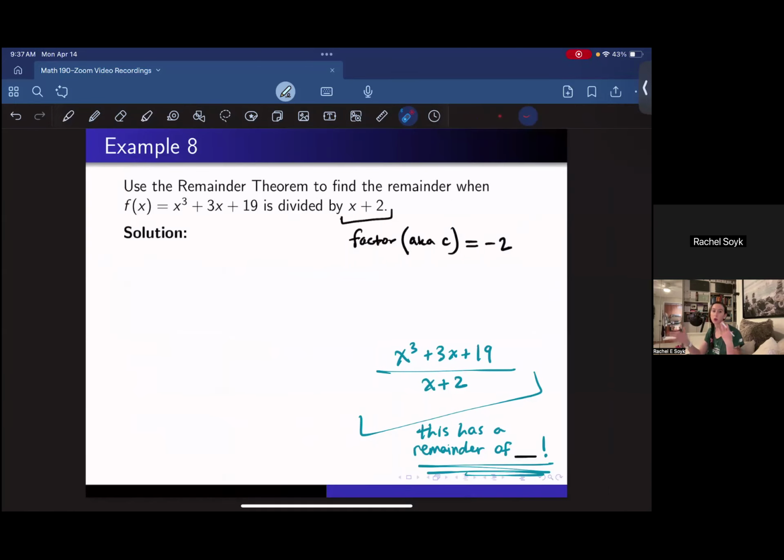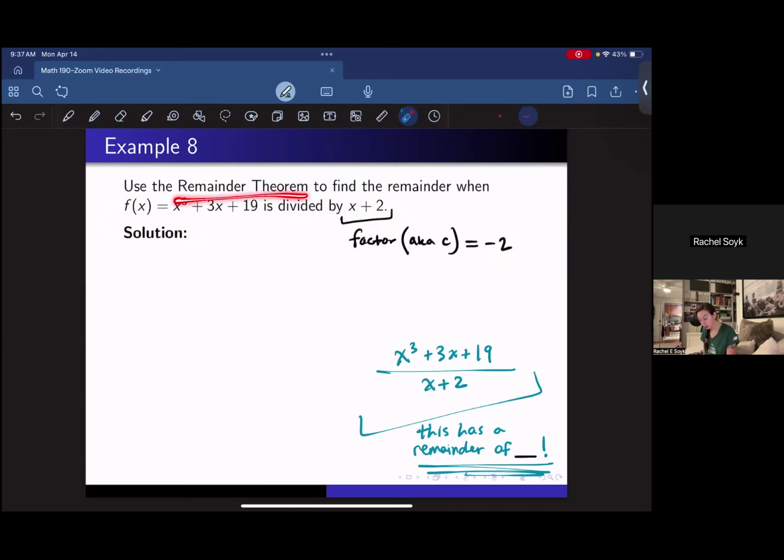So instead of using the whole long division and everything, we can clearly see that our c value here, when we're looking at this as our divisor, is -2. That ends up being a remainder of this function. And so it's just a quick and easy way to identify the remainder.